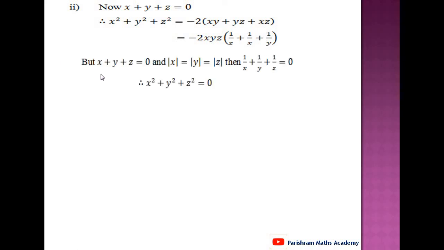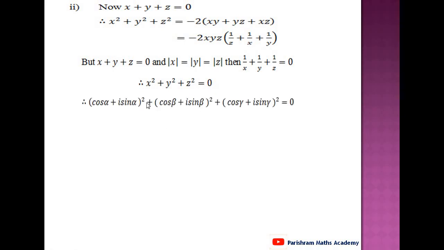Now we know that if x plus y plus z equal to 0 and mod of x equal to mod of y equal to mod of z, then the value of 1 upon x plus 1 upon y plus 1 upon z is 0. Here also x plus y plus z equal to 0, and mod of x is the same as mod of y is the same as mod of z, and therefore the value of 1 upon x plus 1 upon y plus 1 upon z is 0. It means the value of the bracket term is 0. It means x squared plus y squared plus z squared equal to 0.